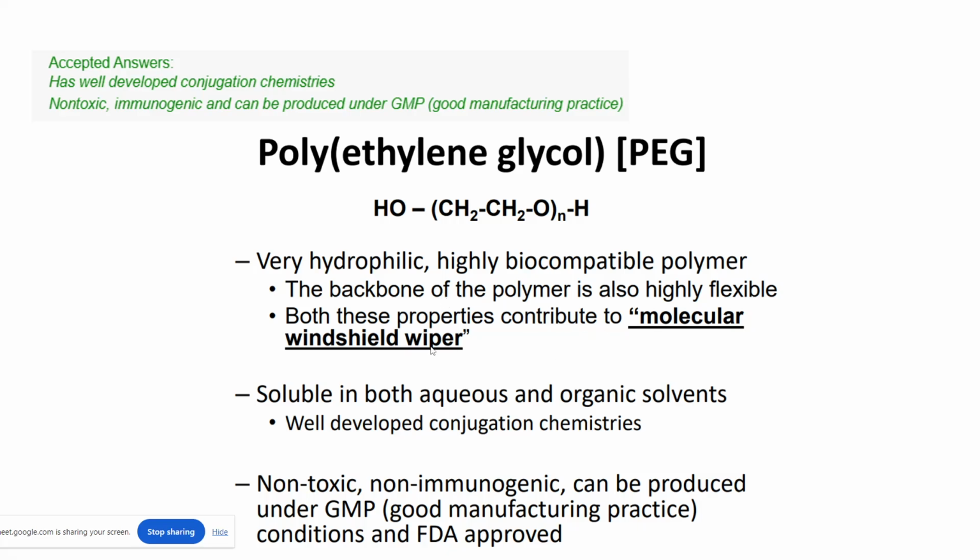Both of these properties contribute to the molecular windshield wiper effect, which is why it is mostly used in conjugation to the particles or the drug to prevent adsorption of proteins and other molecules. It is soluble in both aqueous and organic solvents, and it has well-developed conjugation chemistries, and is non-toxic immunogenic and can be produced under good manufacturing practices. Also, it is FDA approved.